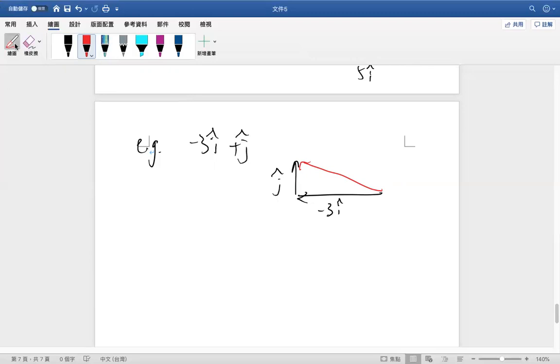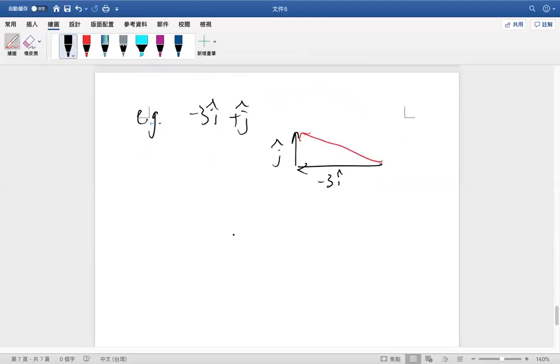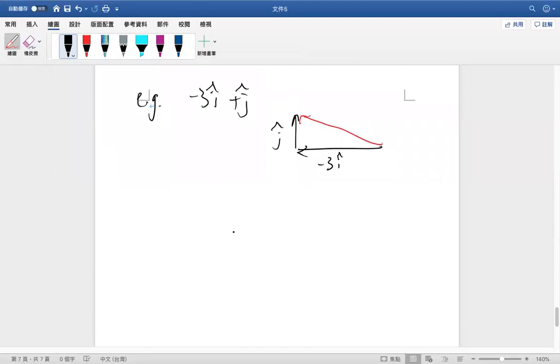So once you understand this, you'll see that it's very convenient to work with coordinates because of the following property.